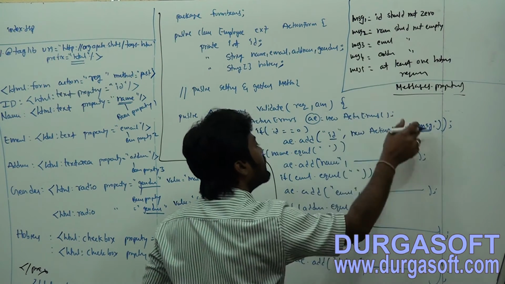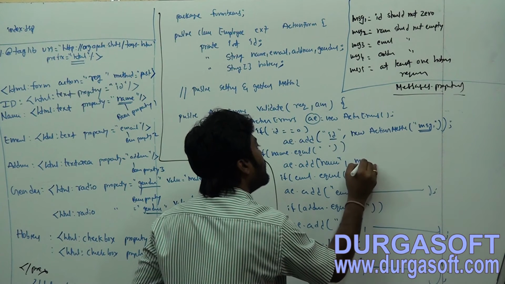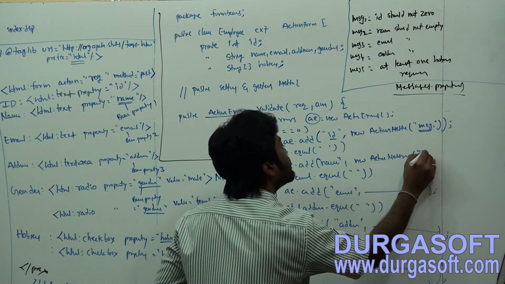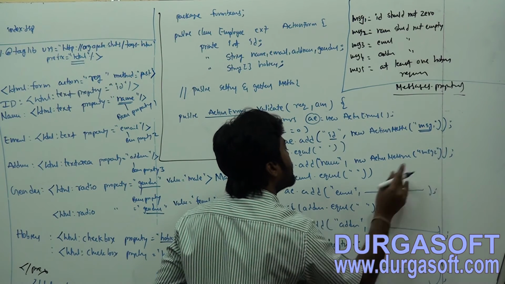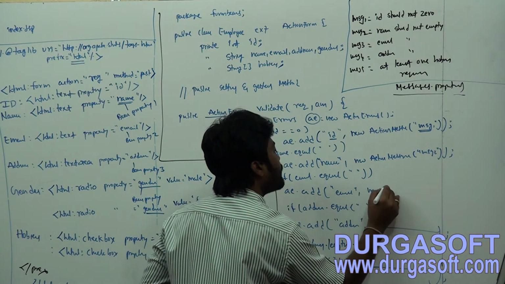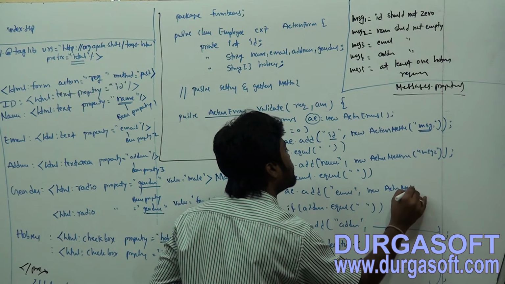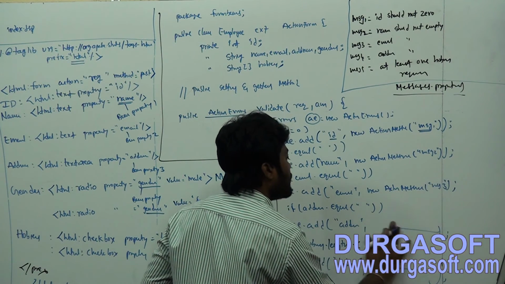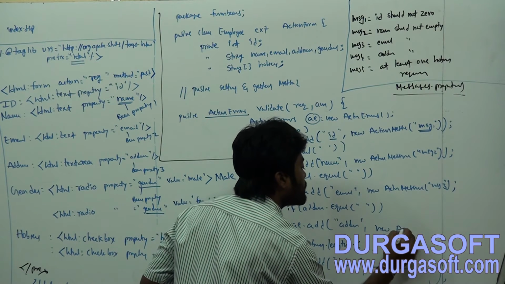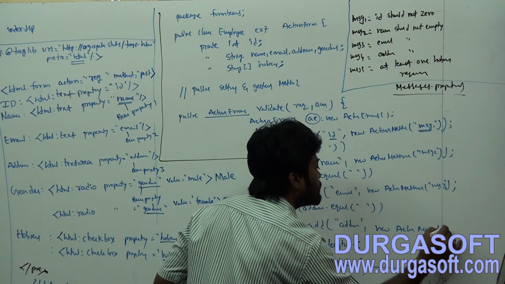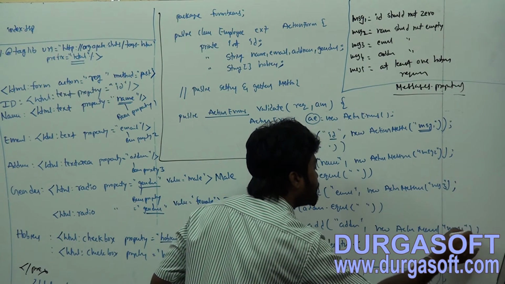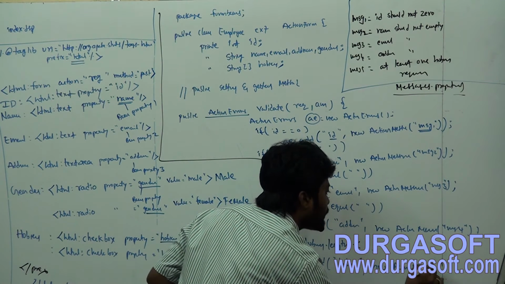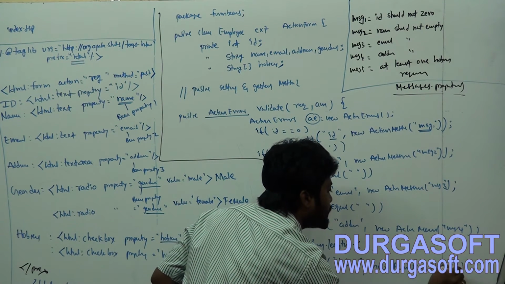Message 1 it will read from here: new ActionMessage of message 2, new ActionMessage of message 3, message 4, message 5.